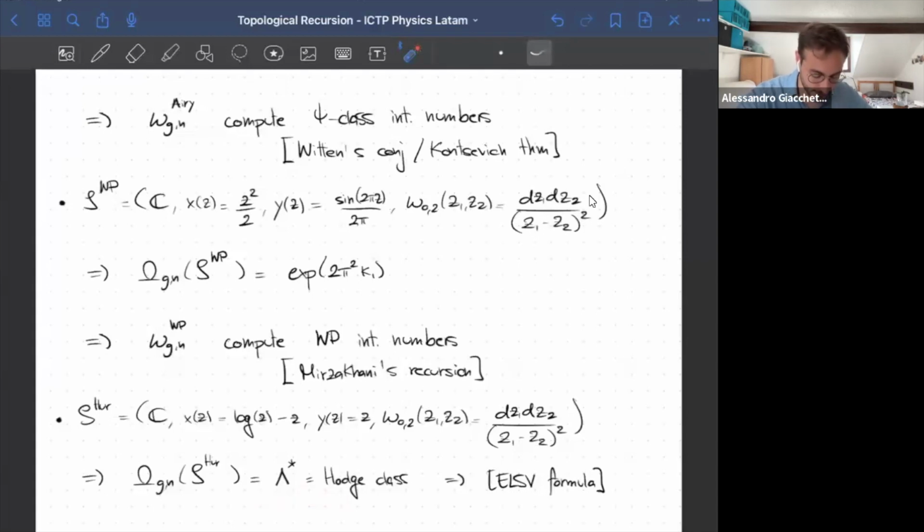The fact that Hurwitz numbers are related to integrals of this Hodge class is a very famous result known as the ELSV formula. So again, this theorem is also a way to discover relations between enumerative geometric objects and integrals over the moduli space of curves, such as the ELSV formula. And that theorem was used to prove many generalizations of the ELSV formula for different problems.